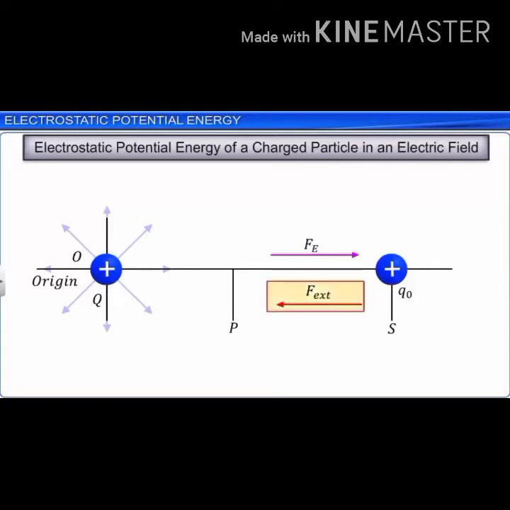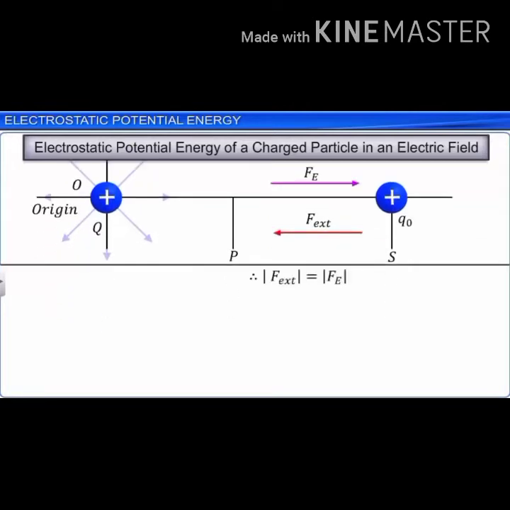The external force F required to move Q naught should be just about sufficient to overcome the electrostatic repulsion Fe on Q naught. Therefore, we can say that the magnitude of the external force is equal to the magnitude of Fe, which is equation number 1.